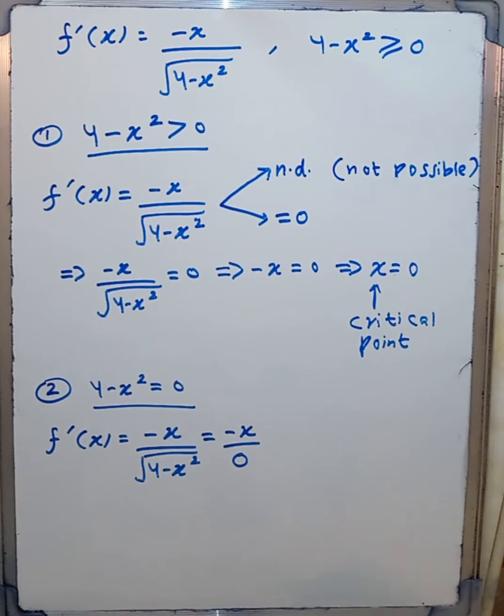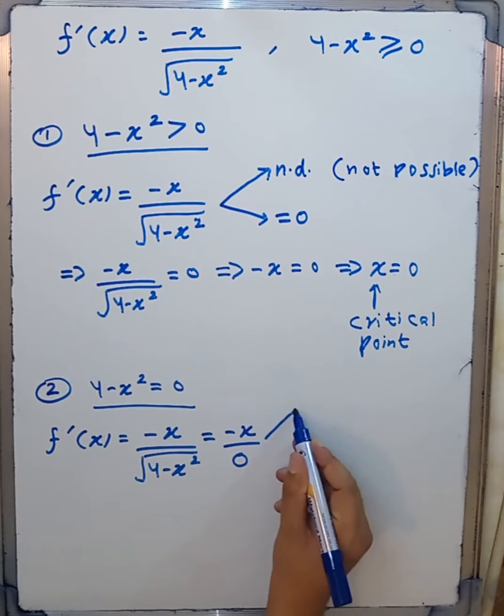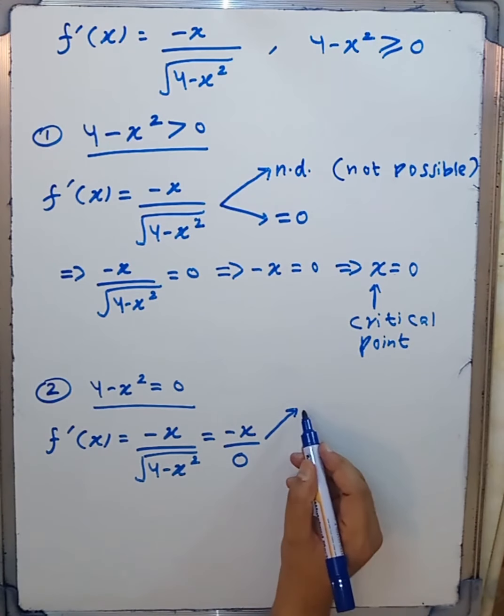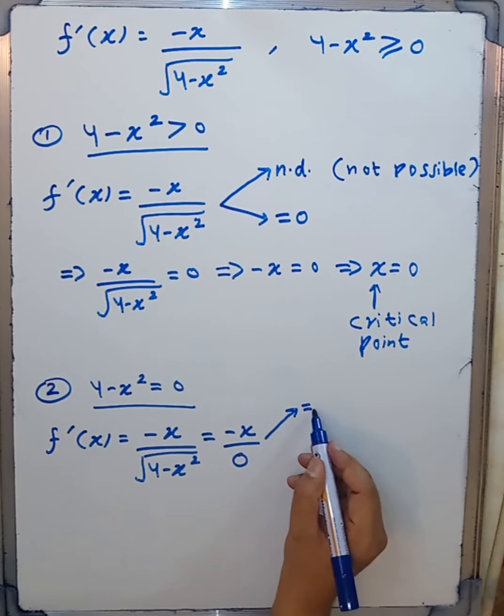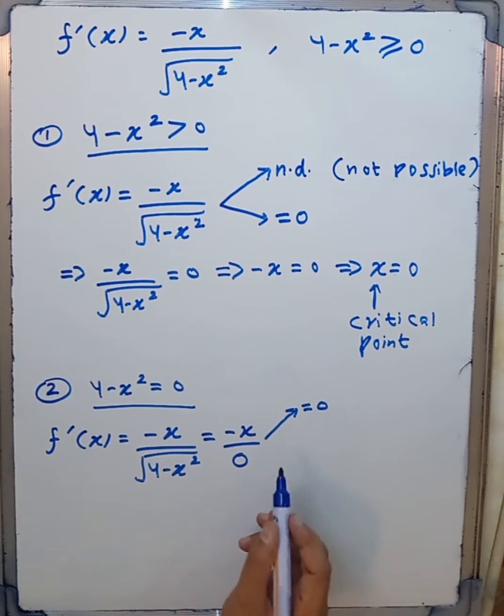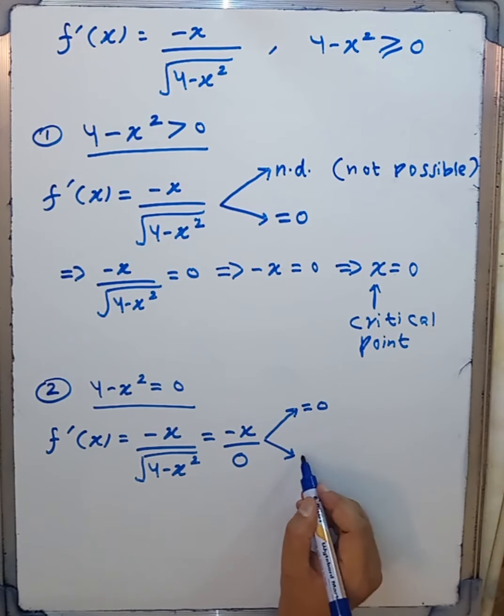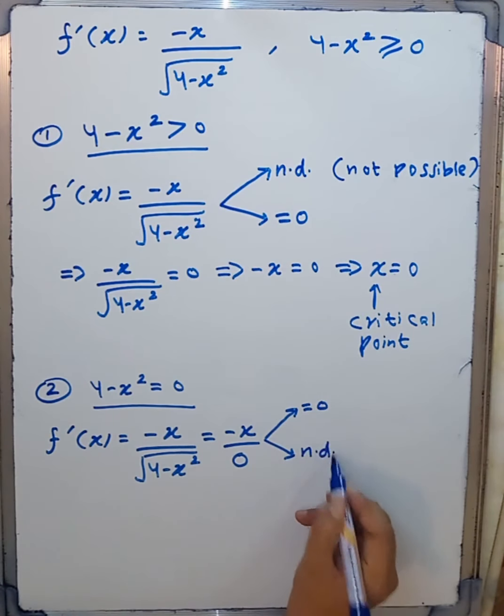For critical point, we have case number 1, that is f prime should be equal to 0, and case number 2, that is f prime should be not defined.